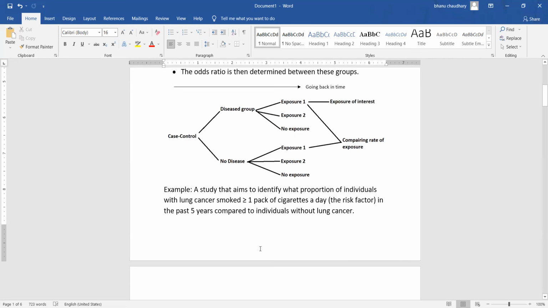So whenever you want to know the prevalence of a risk factor, you will always look for the case control study. Whenever you want to know the incidence of a certain disease in the exposed or non-exposed group, you always look for the cohort study.